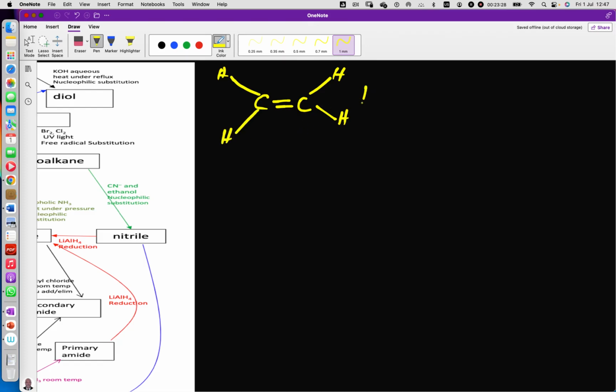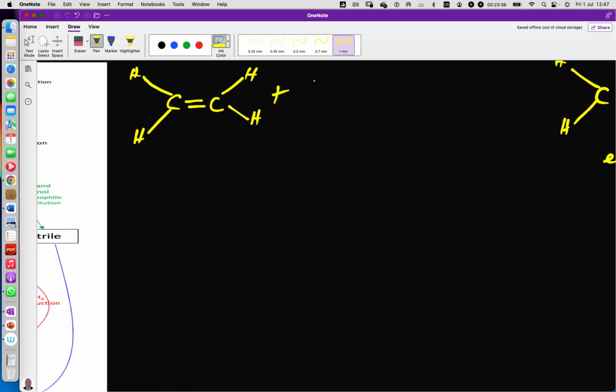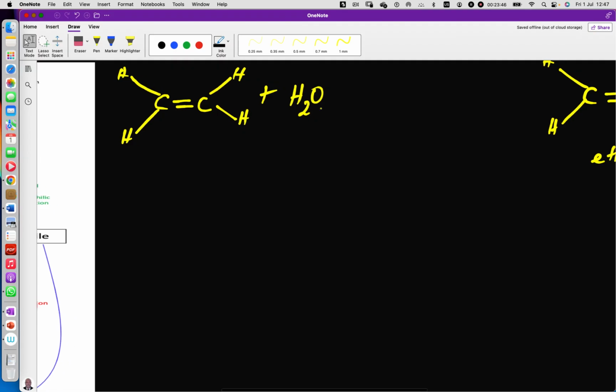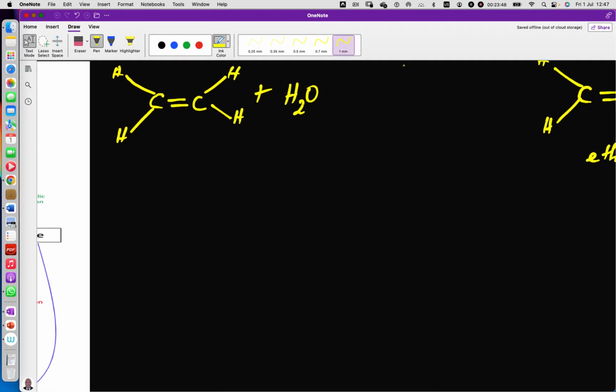Okay, I say it is a cold dilute acidified potassium manganate 7. I have water here. When they say cold dilute, it means that there's water involved in it. Then plus potassium manganate 7.